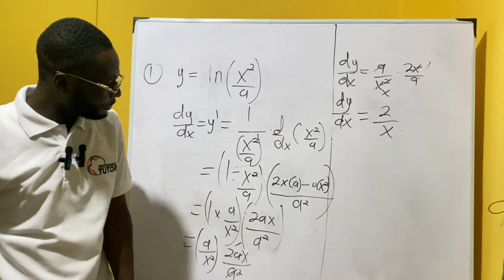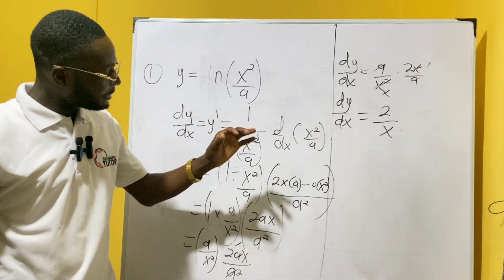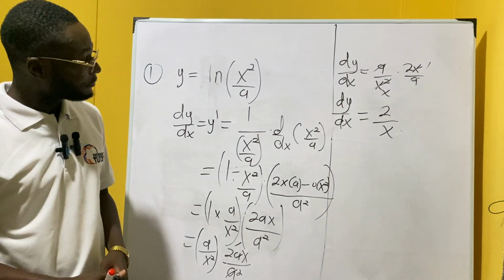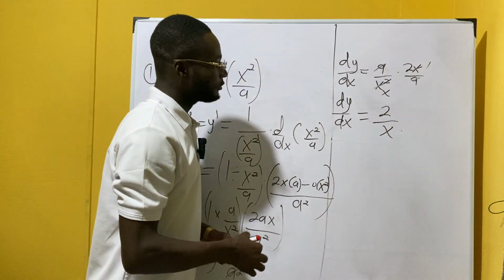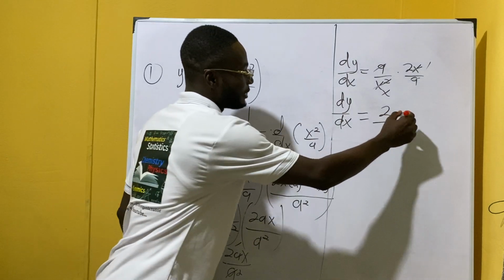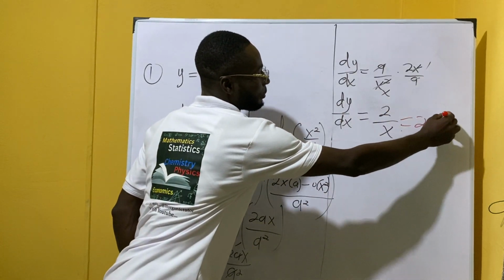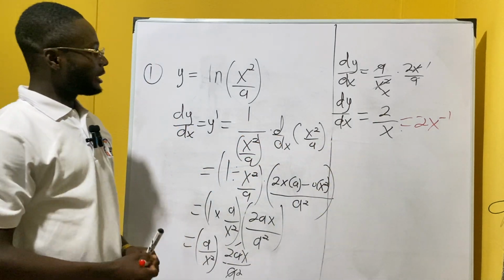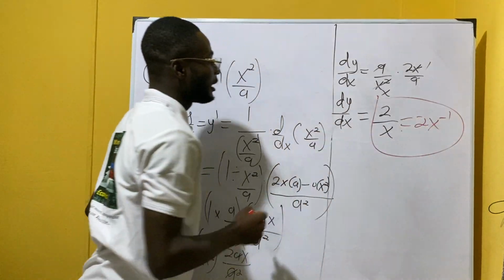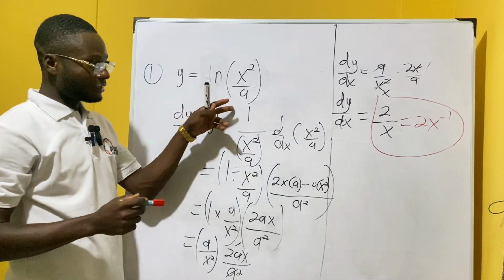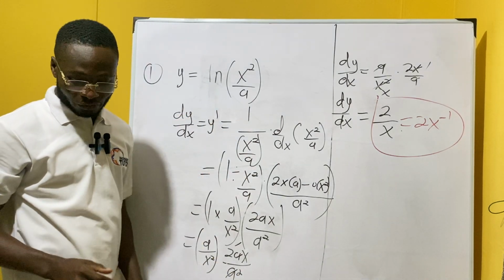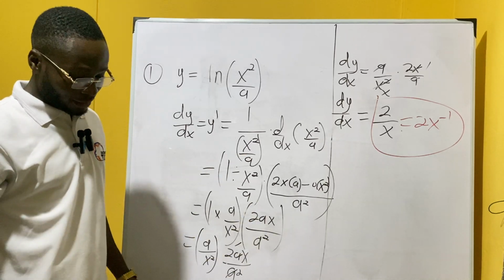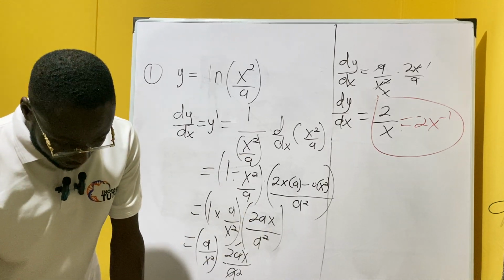That is very simple, but it looks like it needs a little bit of technique in your algebra. So this is basically the same way as 2x to the power minus 1, which is the same thing. So we have this here as our final answer for this particular function. So you just have to learn the techniques for your operations and your algebra, and that will get you there.